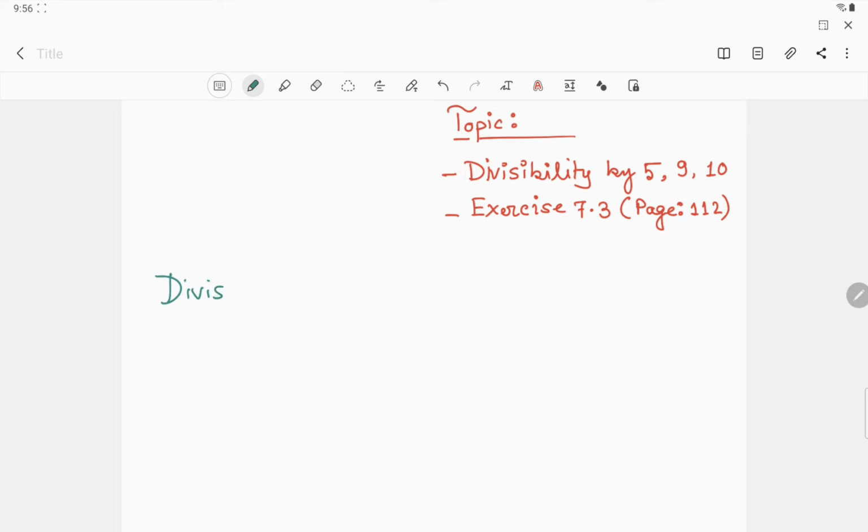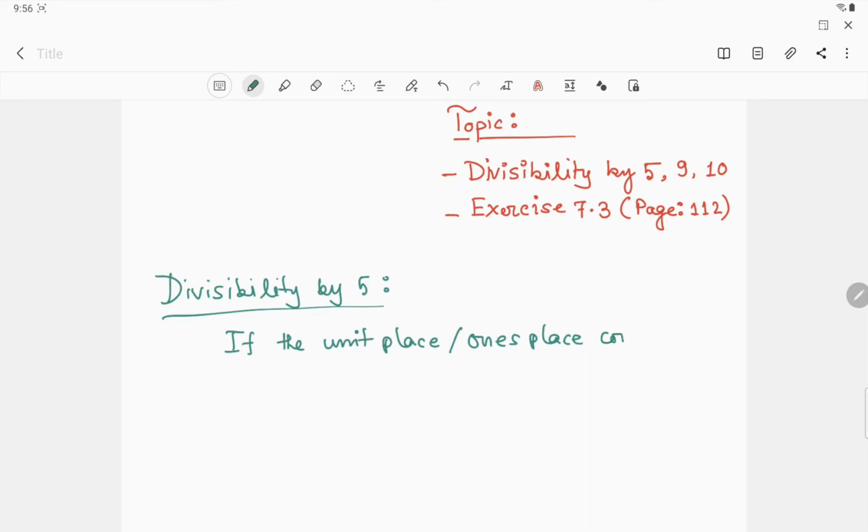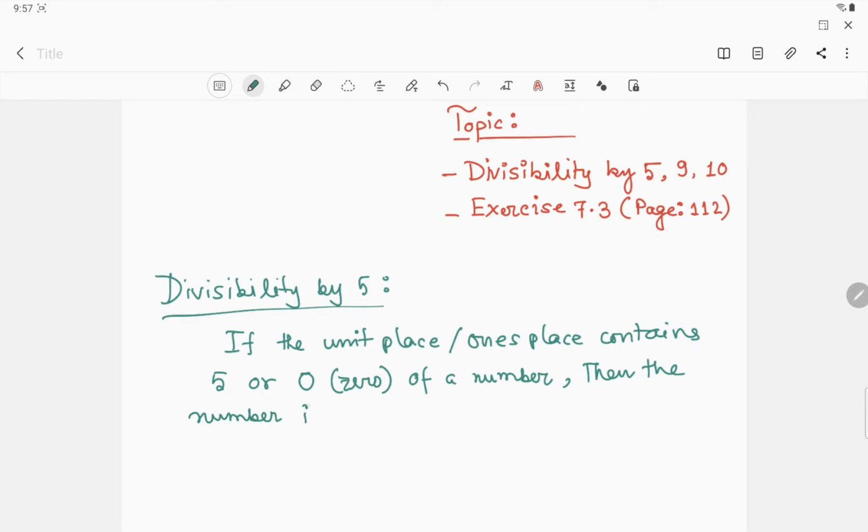Divisibility by 5: if the unit place, or you can say ones place, of a number contains 5 or 0, then you can say the number will be divisible by 5.